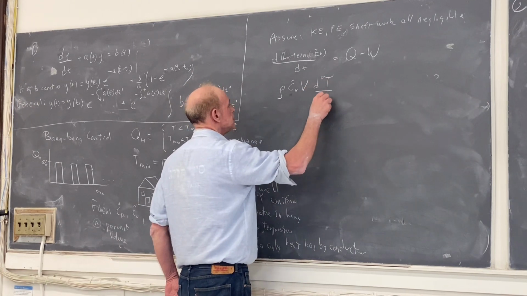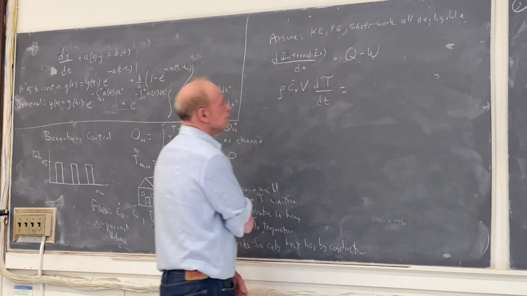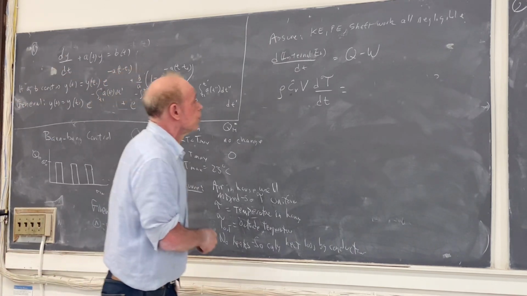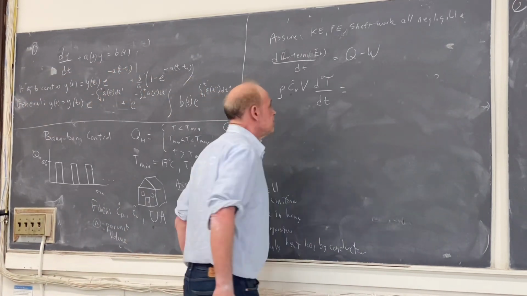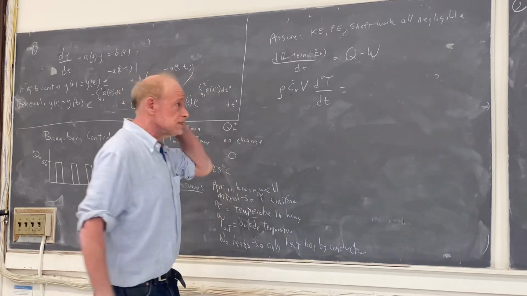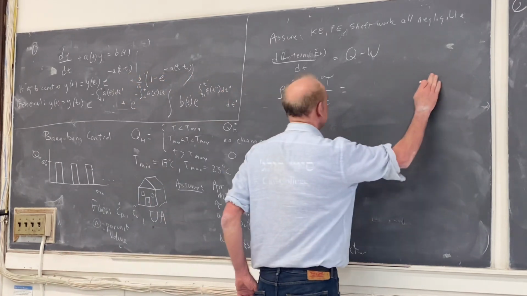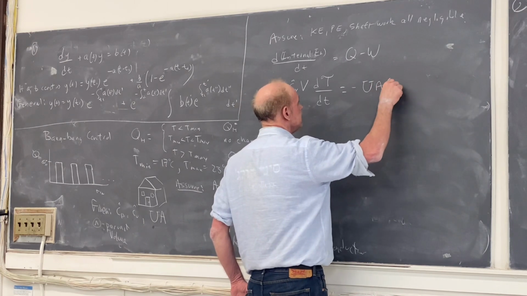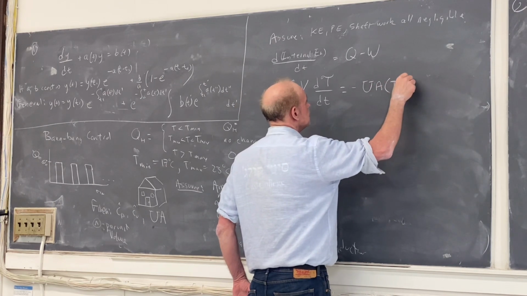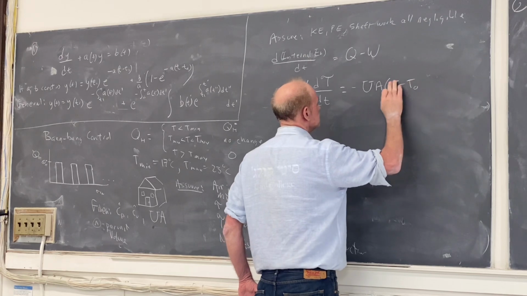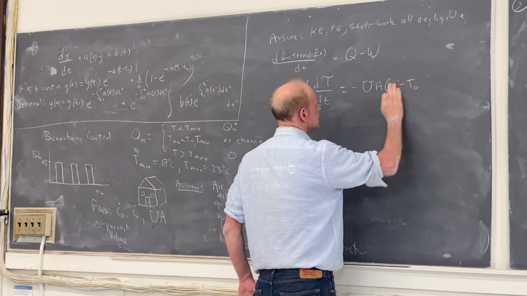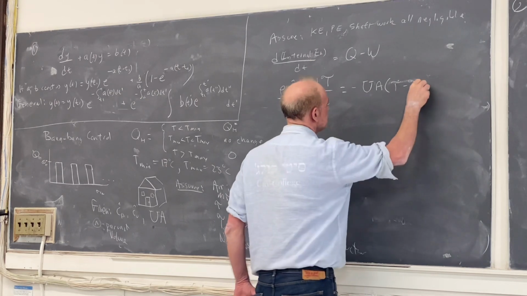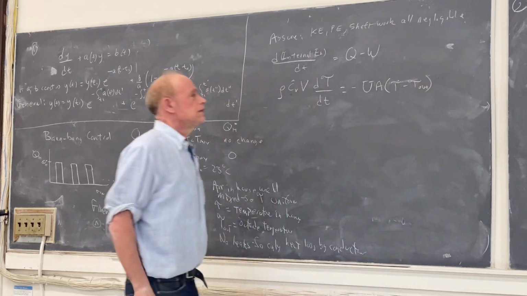d(T)/dt is equal to Q minus W, and we said we can ignore the work. There's no work here, so Q is the heat loss. It's negative UA times (T minus T outside), plus Q heater.